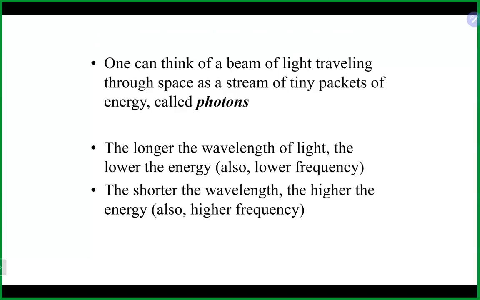So we think of a beam of light traveling through as tiny packets of energy, which are called photons of light. As these electrons transition downward in energy, when they give off this energy, this is sometimes referred to as a photon of light. And that photon of light will have a specific wavelength.